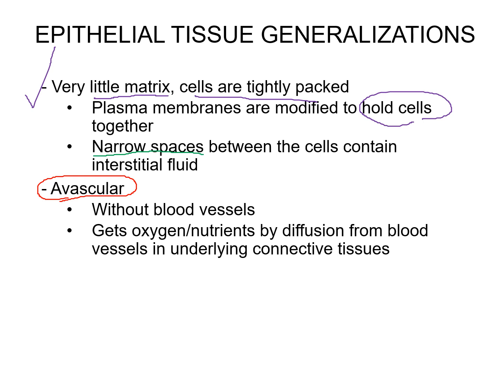So if you're avascular, that means you don't have blood vessels. Now remember, your blood vessels carry very important things such as oxygen, nutrients, right? Also your waste products. So if you don't get oxygen and nutrients on a regular basis, you die.